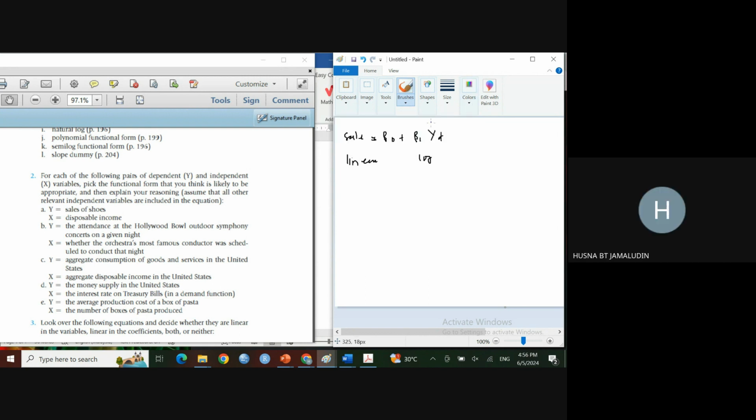If let's say your income increases at the increasing rate, so your sale will increase at a decreasing rate. Everyone agree with this? I don't know, madam. I'm confused already. Anyone?